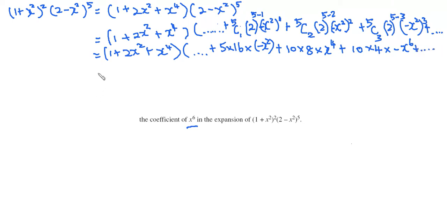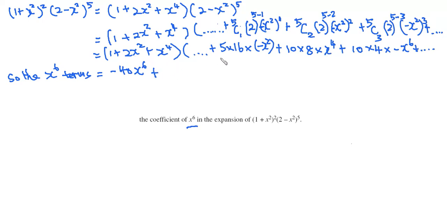So I'm going to multiply them. The x^6 term is 1 times this. So this is minus 40x^6. Okay. The next one is this times this.